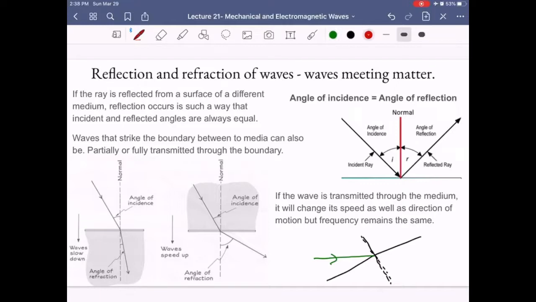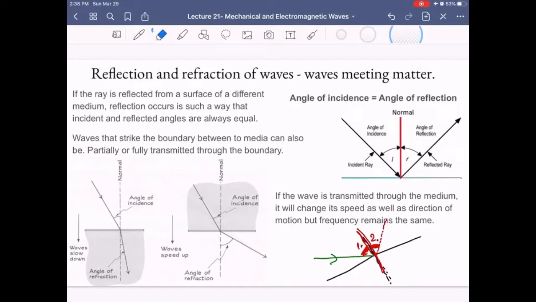Then this red one representing the reflected one would be like that, because this angle here has to be equal to the second angle, the angle of reflection. So the angle of incidence, the first angle, has to equal the angle of reflection, the second angle. So every time I give you a wave that's incident on a surface, you can reconstruct the reflected wave by drawing a normal to the surface and making sure the angles are approximately the same. You could make a sketch, I guess.